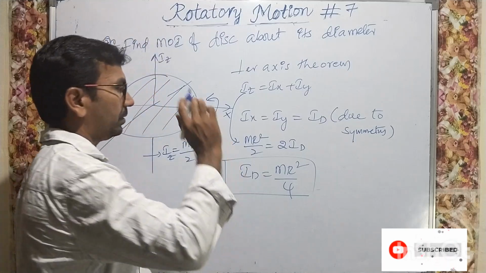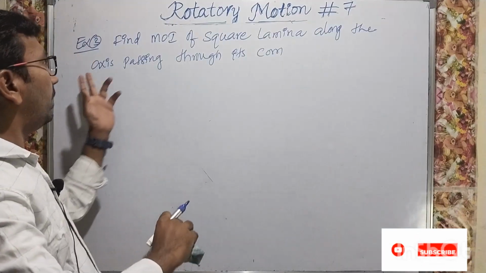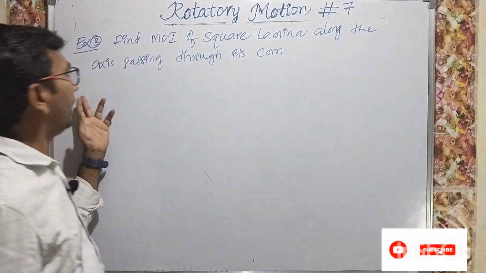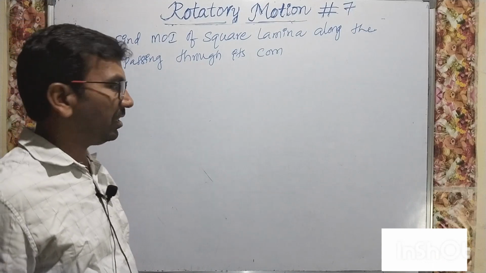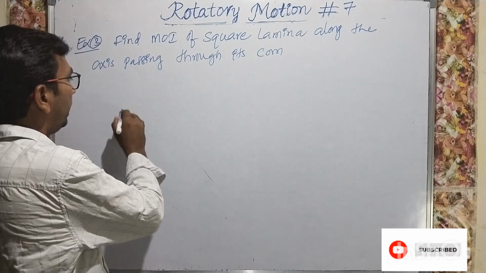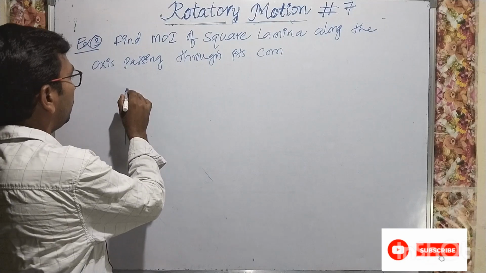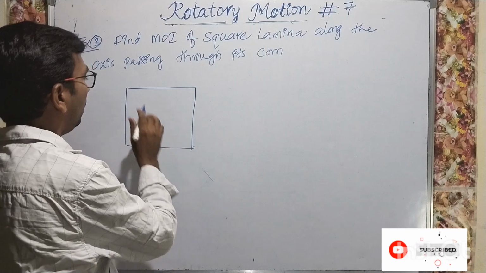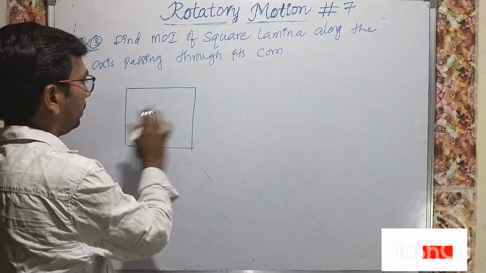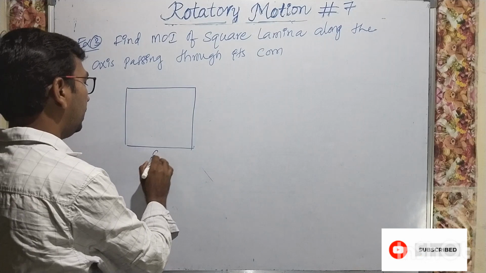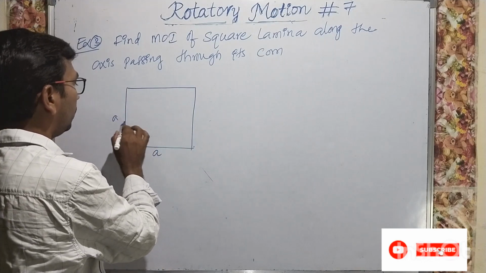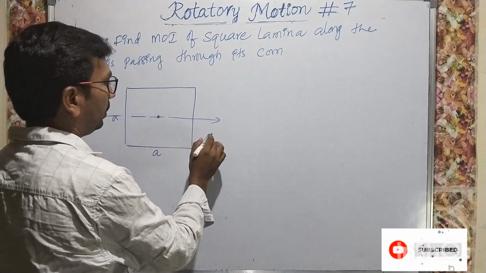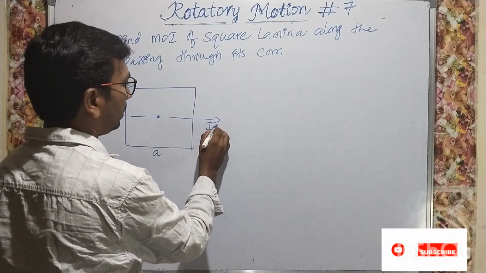Next, example 3. Find the moment of inertia of a square lamina about an axis that passes through its COM, center of mass. So this is the square lamina, and all sides are of length a.